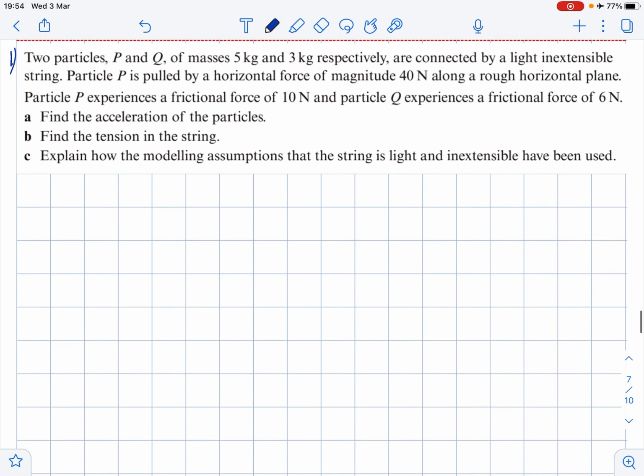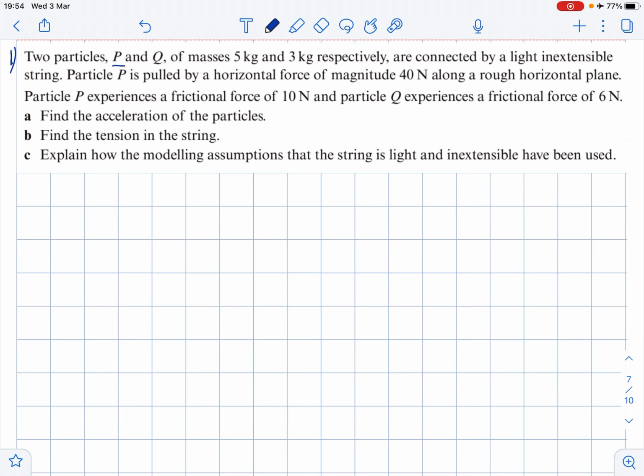I have two particles, P and Q, of mass 5 kilograms and 3 kilograms, connected by an inextensible string. So let's sketch our diagram.